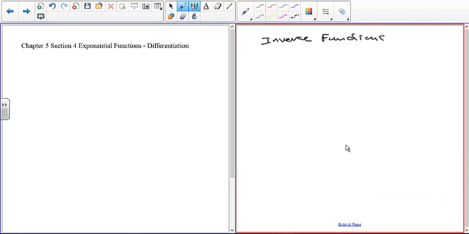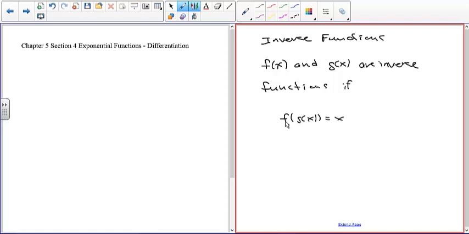What I remember about inverse functions is that we can say f of x and g of x are inverse functions if f of g of x equals x and g of f of x equals x. And you mostly did that for linear functions in pre-calculus because it was in your first chapter.